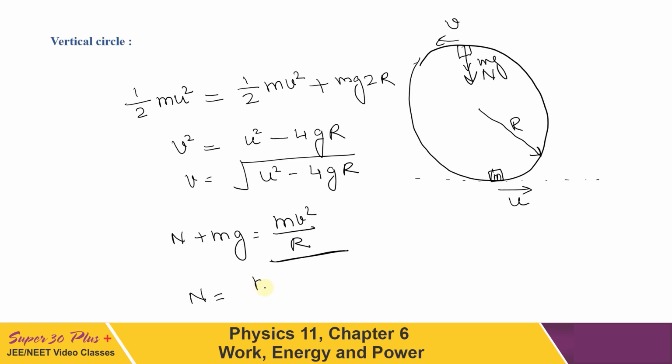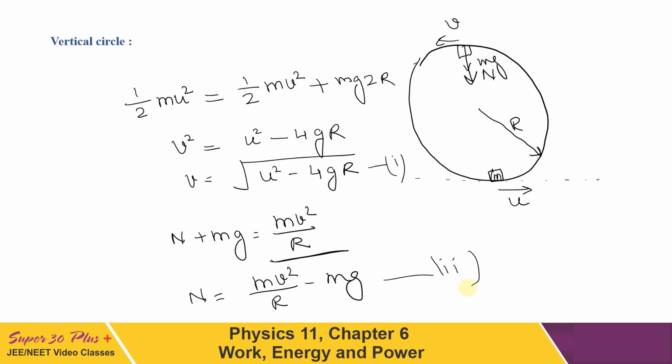It will be equal to mv square by r minus mg. Now you can substitute the value of v from equation number 1 to equation number 2 and get the value of normal reaction. This is just to illustrate how the questions are solved and how the equations are written when the situation is a motion along a vertical circle.